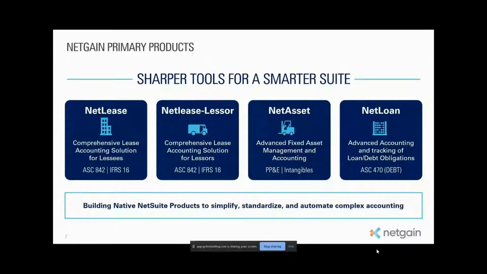So if you have any trouble with FAM at all, we can probably help solve some of those problems. It runs full tax depreciation books, and it's an advanced asset management solution. And then we've got a loan solution that tracks interest and principal on debt that companies have, and automates the back end. Again, I was going to focus on the lease accounting side.